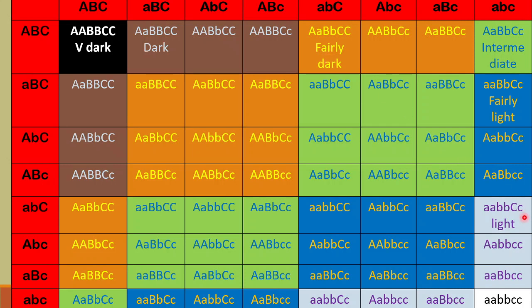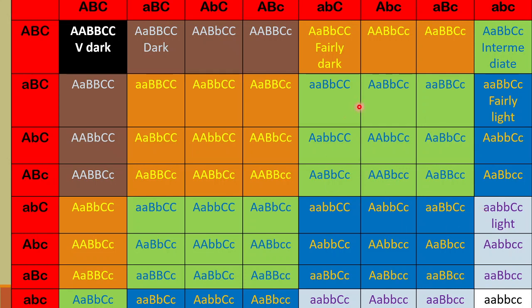There is a possibility of a very fair skin, but very dark skin will be rare, because for A there is no dominant allele in this person, so there is no possibility of two dominant A's coming in the offspring. So that particular couple will never have a very dark child.